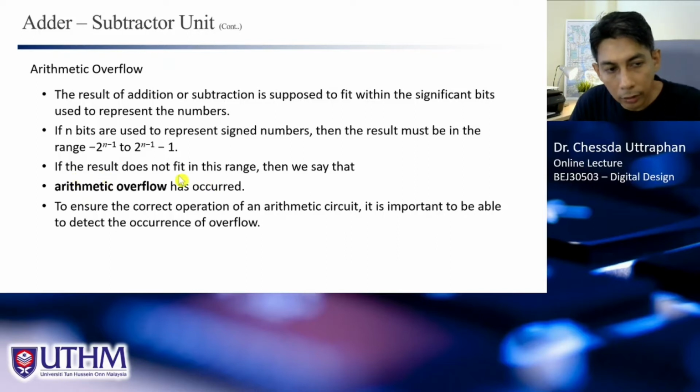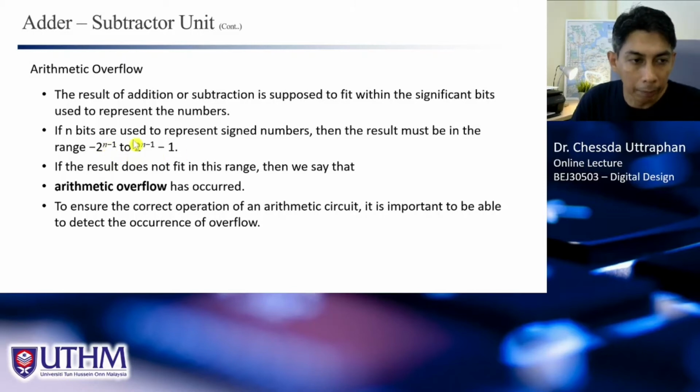If the result does not fit in the range, this is the formula for the range: minus 2 power of n minus 1 is the minimum, and 2 power of n minus 1, minus 1 is the maximum. If our system is 4-bit, 2 power of 3 is 8, so the minimum is minus 8, and the maximum is 8 minus 1, which is 7.